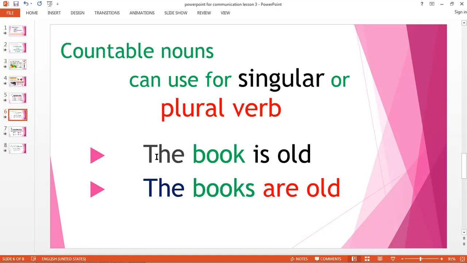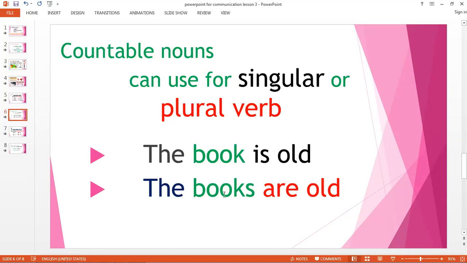In our example here, the book is old. Book is a singular noun. The verb should also be in a singular form. Is old. Is should also be singular.